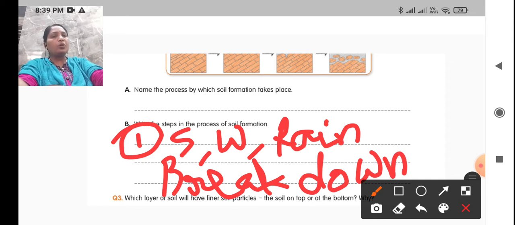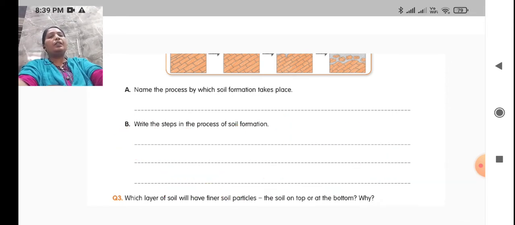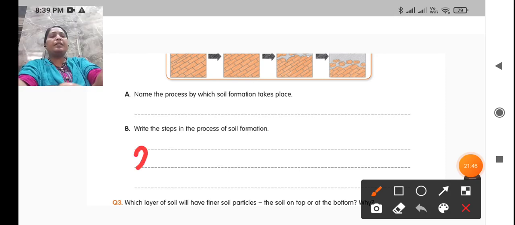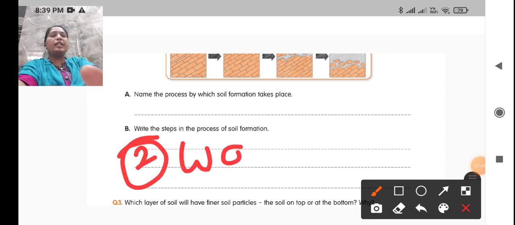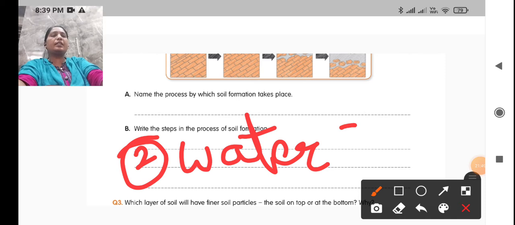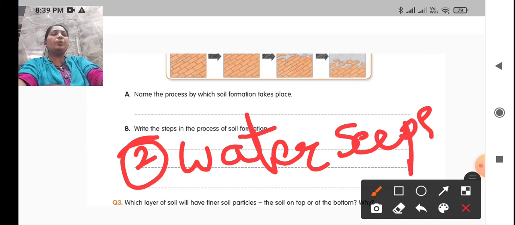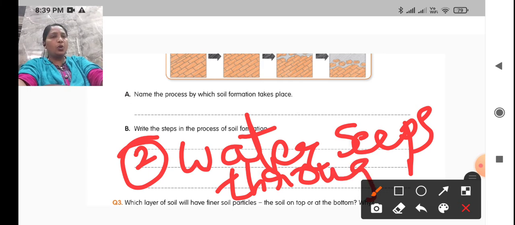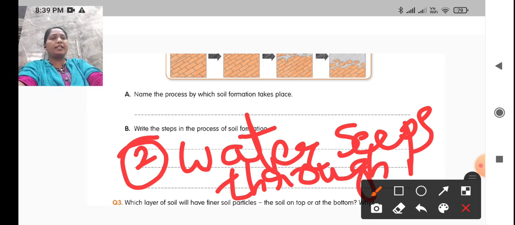And when the rocks get broken down, in the second step, what happens? The water seeps through these rocks. This is the second step.